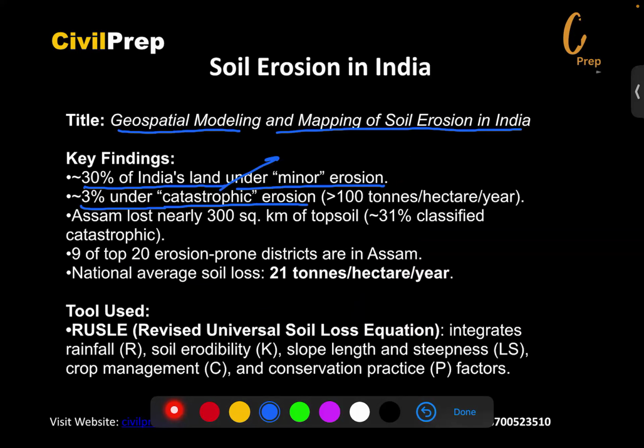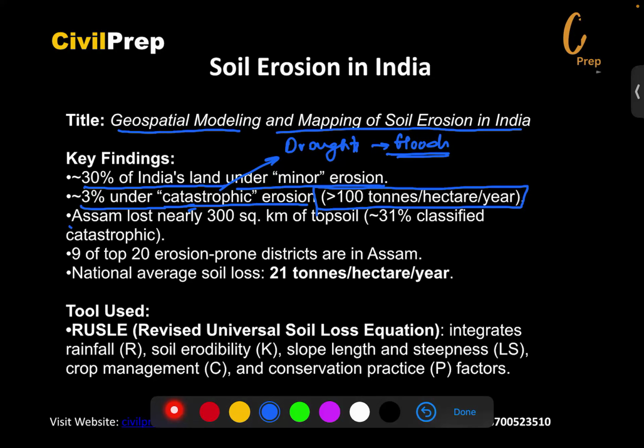Catastrophic erosion is interlinked with droughts, but majorly it is linked with floods. Floods act as a catastrophic nature because we do not know when floods will occur and when they will result in erosion. So this catastrophic erosion at a single erosion point results in more than 100 tons per hectare per year.